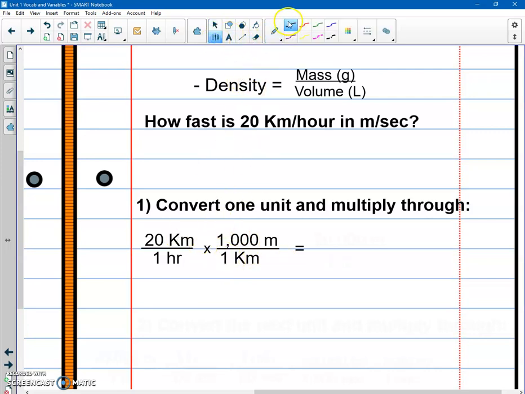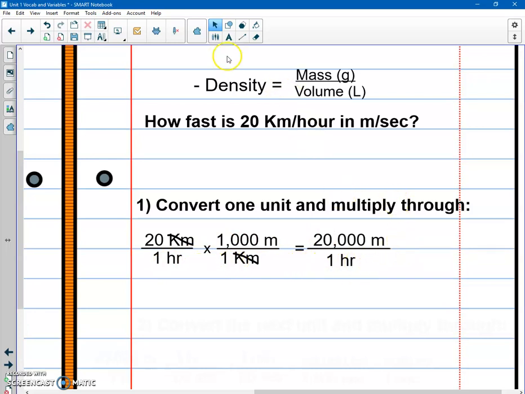So, okay, so we have 20 kilometers, cross out kilometers because we have this on top and this on bottom, so we can cross that out. So currently we're in meters per hour. So we will multiply straight across, and we get 20 times 1,000 is 20,000 meters. That's our unit that's on top there. And we have 1 times 1 equals 1 hour.